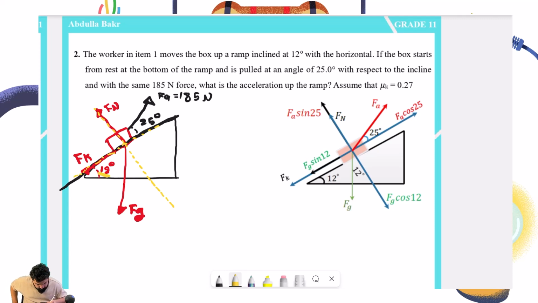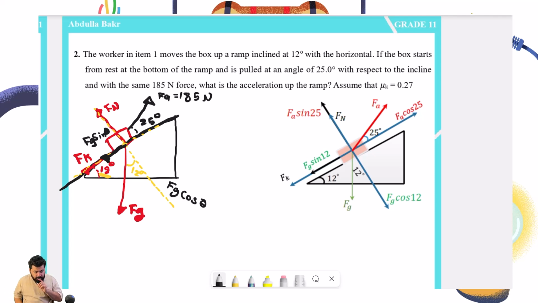As you see, this is 25, so the angle here is going to be also 20. This is going to be Fg cosine theta, and this one here, be careful, is going to be Fg sine theta.